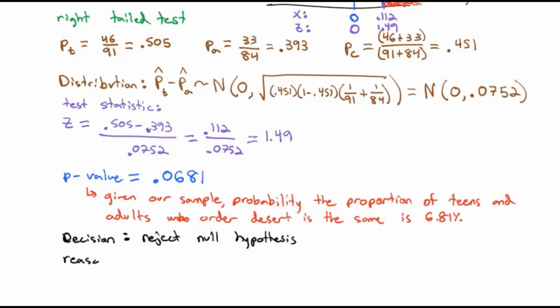And the reason for that decision is our p-value is less than our alpha. There's a 6.81% chance, or let's not do it as a percent, a 0.0681 p-value, which is less than the alpha of 0.10. So we reject the null hypothesis.